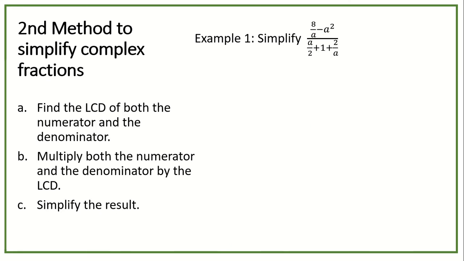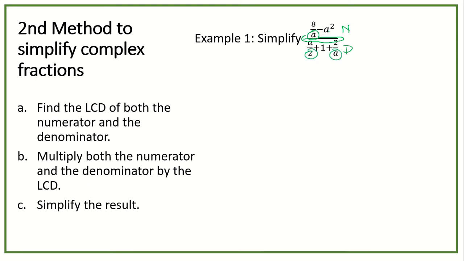Same problem but another method. First, let's follow the steps. Find the LCD of both the numerator and the denominator. Meaning, we'll do it all at once. Earlier, we found the LCD of the numerator, then we also looked for the LCD of the denominator. Now, we'll do everything together. This is the main fraction bar, this is the numerator, this is the denominator. Let's find all the denominators we see. It's a, 2, then a.